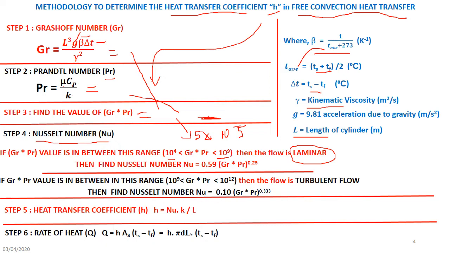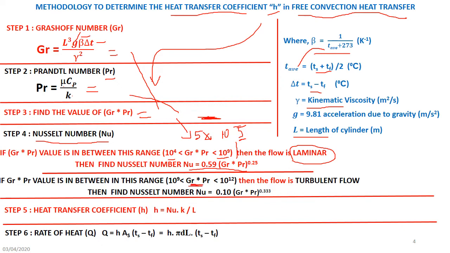So you have to find Nusselt number using this equation. What is that equation? 0.59 GRPR power 0.25. So the GRPR value you are getting here, you substitute here, then raise the power to 0.25, then get the Nusselt number. And sometimes, if the value instead of 10 power 5 is 10 power 10, then that GRPR value will be lying in this range, correct?